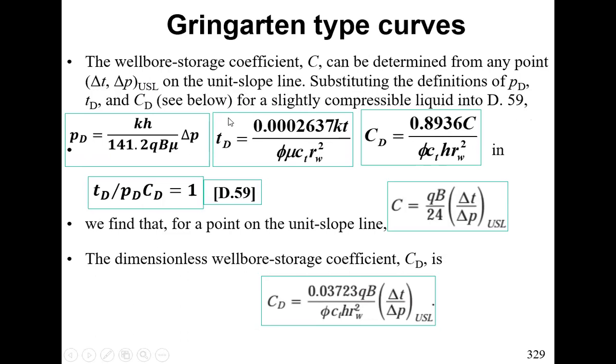Substituting the definitions of dimensionless pressure, time, and wellbore storage for a slightly compressible fluid into equation D59, you would find that the wellbore storage constant is given by the product of the flow rate and formation volume factor, times the change in time over the change in pressure, taken from the unit slope line.